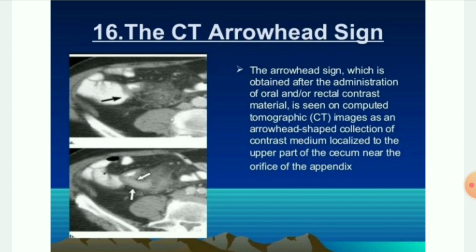The arrowhead sign, which is obtained after the administration of oral or rectal contrast material, is seen on computed tomographic images as an arrowhead-shaped collection of contrast medium localized to the upper part of the cecum near the orifice of the appendix.